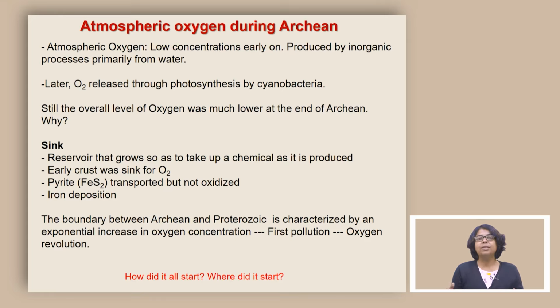So, everything that was in the reduced form, with the addition of oxygen, will convert into an oxidized phase, therefore sucking up the oxygen from the atmosphere. So, the overall concentration of oxygen in the atmosphere probably was still low.